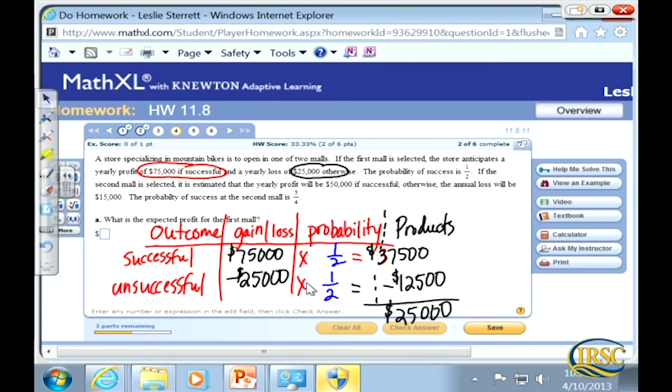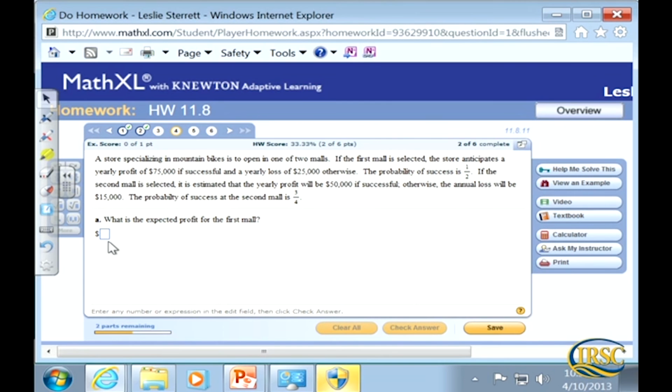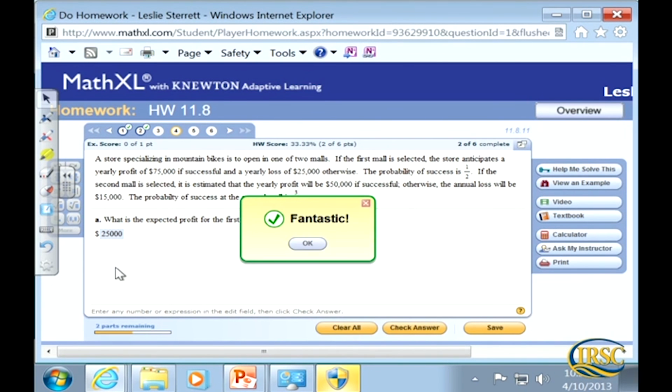So this means that the expected profit for this first mall would be 25,000 a year. Okay, so everybody got that? So typing in $25,000. Fantastic.